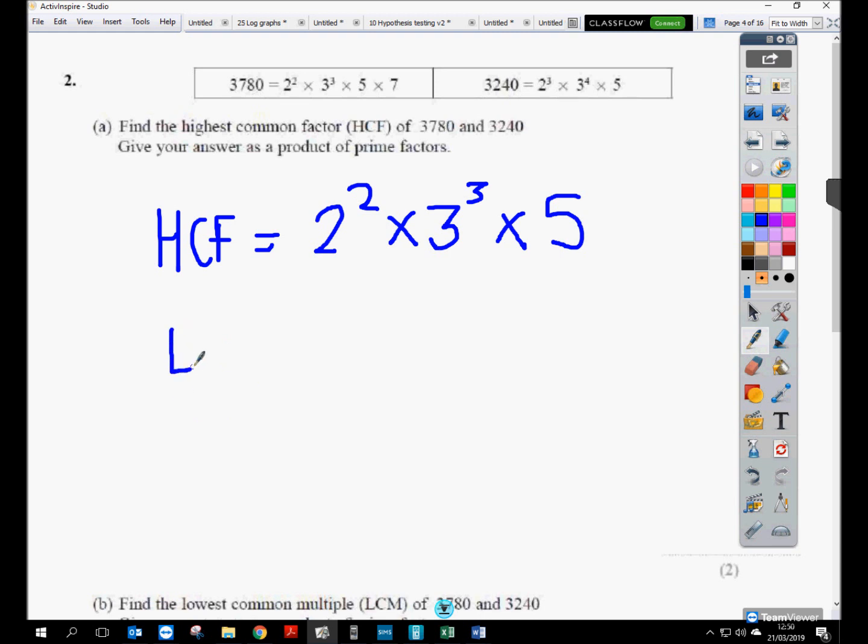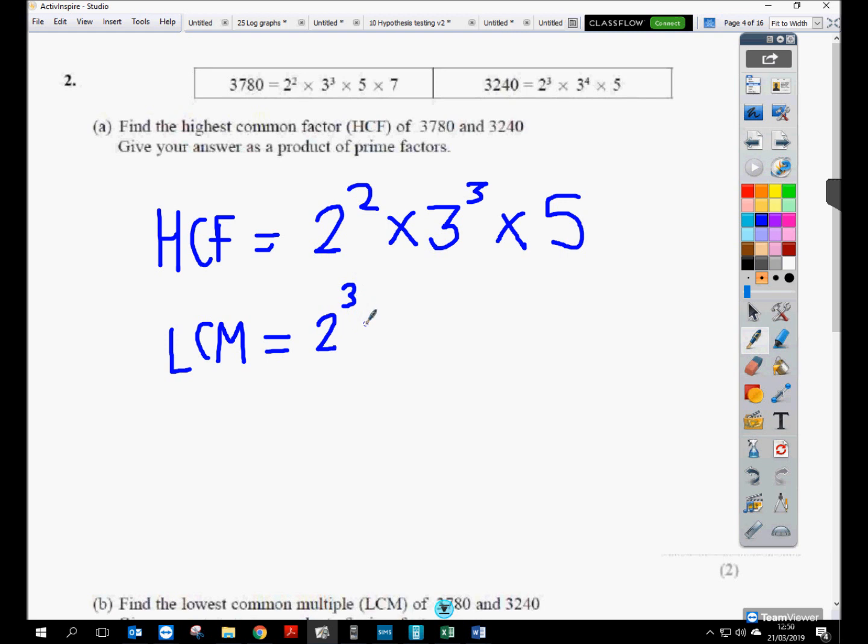Part B of this question asks for the LCM. So with the LCM, it's almost the same definition, but not quite. It is the highest power of each different number, but it doesn't have to be common. So for example, if you take a look at the 2s, it doesn't need to be common, so you can choose 2 to the power of 3.